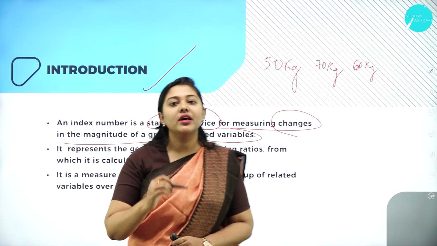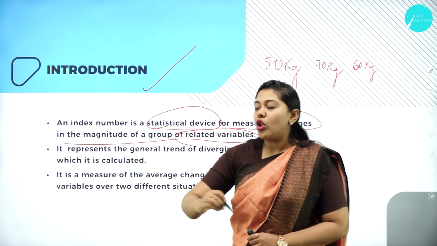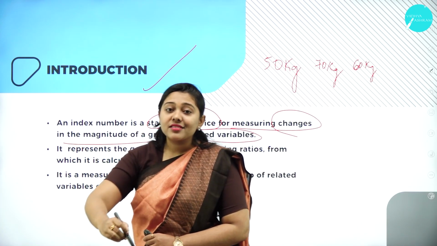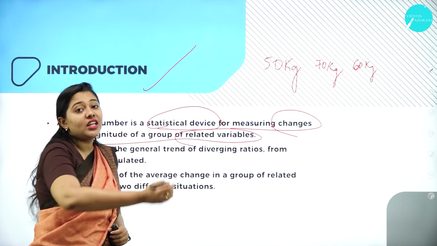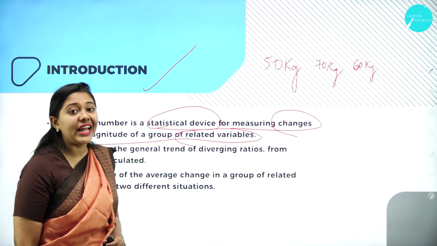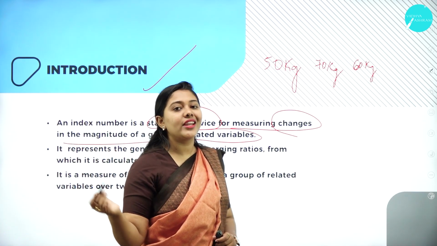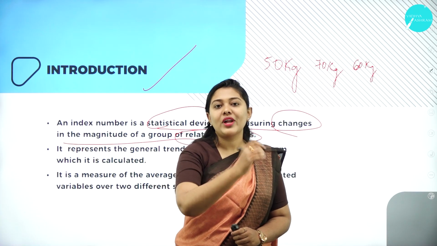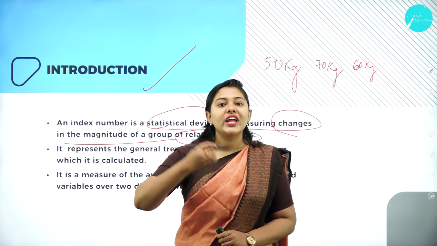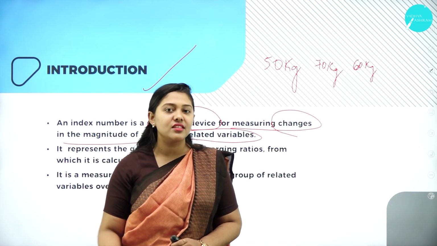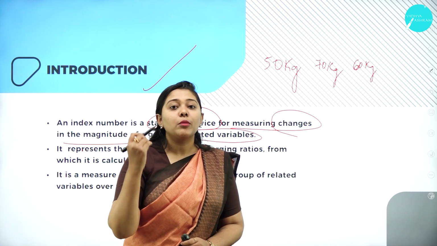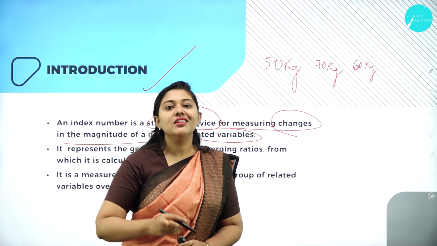It is a measuring tool, a statistical device which explains to us the changes in a group of related variables. Different variables will be there, as I have told you, the price of a commodity and the different prices that we have. So we have different changes in the trend that is happening. With the help of an index number, we can measure those changes with a single value.